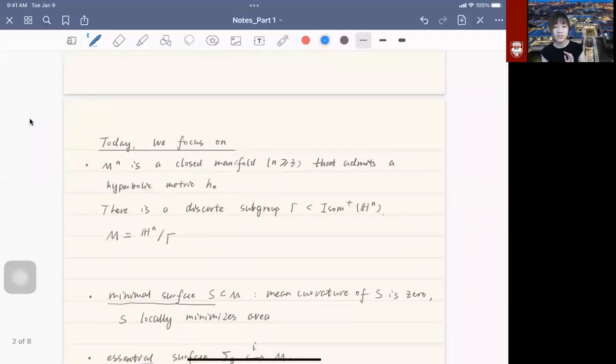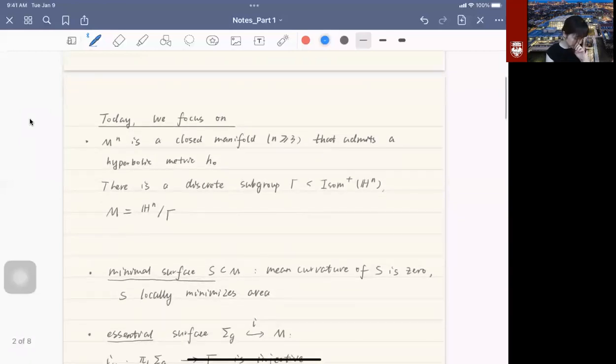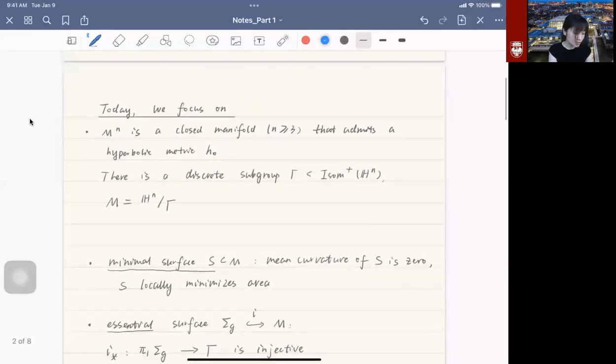Okay, now before moving on to the theorems, I want to introduce some basic notations. First, we are going to focus on the closed manifold M, whose dimension is greater than or equal to 3, and it has a hyperbolic metric h0.